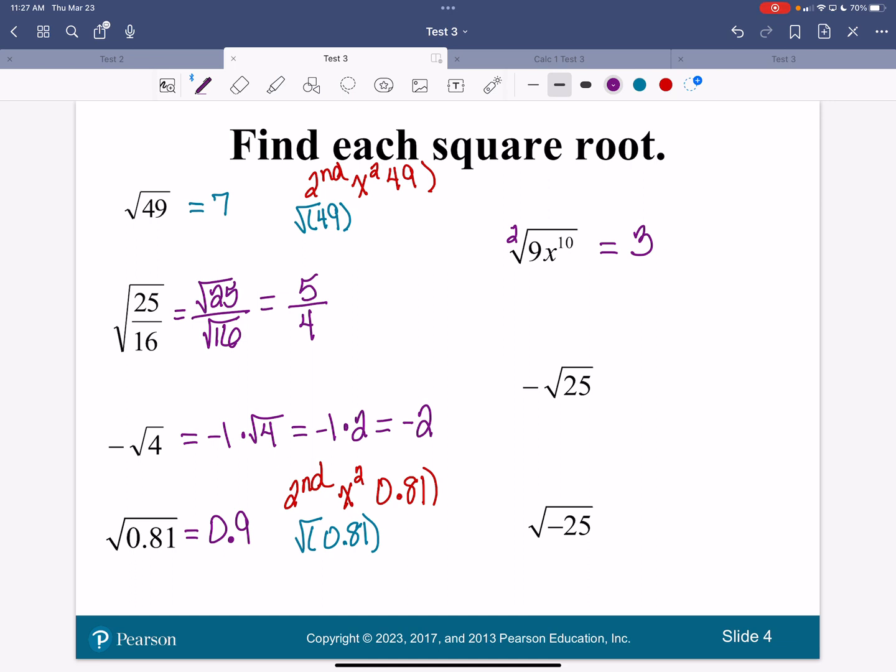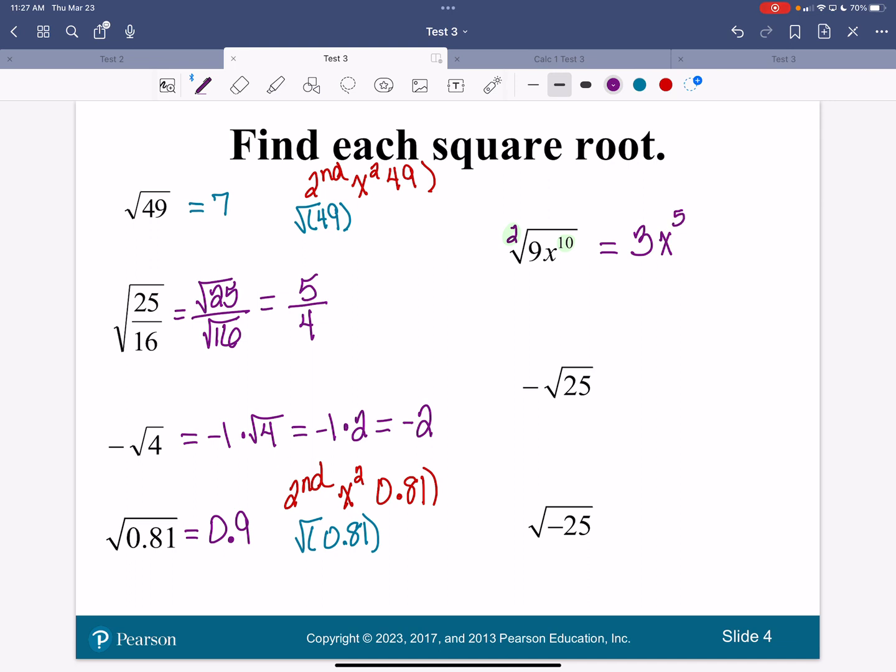And we're going to talk about rational exponents a little bit later, but there's an assumed index right there that's 2. So to take the square root of x to the 10th, what you're going to do is take this 10 and divide by that 2. What's 10 divided by 2? Good. So that's going to be x to the 5th.